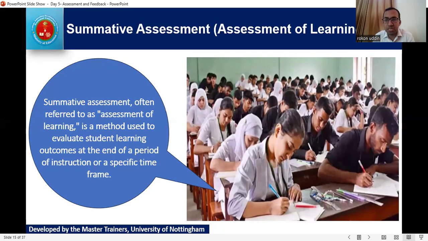The aim of summative assessment is to give a grade or a kind of rating. On the other hand, when we do formative assessment, our aim is to give a student feedback for improvement, showing their strengths and weaknesses.